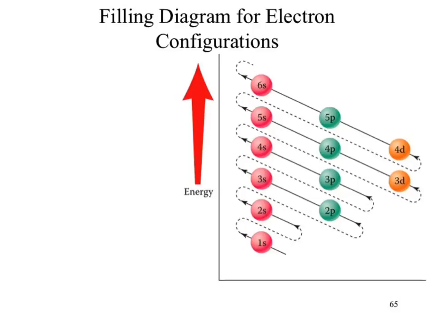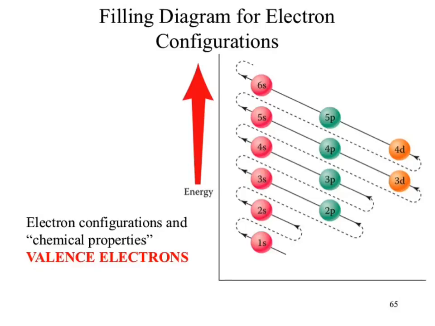And I promise, last thing, valence electrons. The valence electrons are referring to your highest energy level in your electron configuration. So whichever number is the highest, how many electrons are in that highest energy level. Okay? The rest of them I won't worry about, because the electrons are what are doing the bonding.